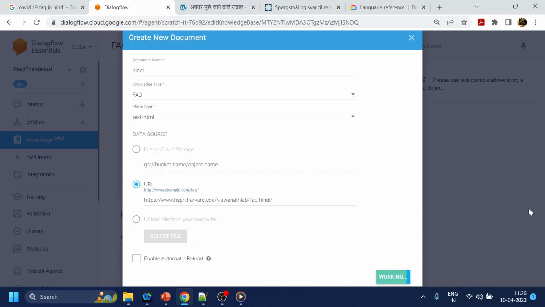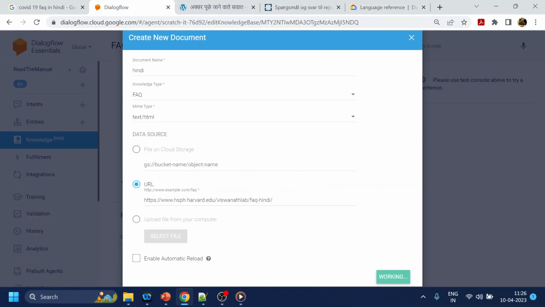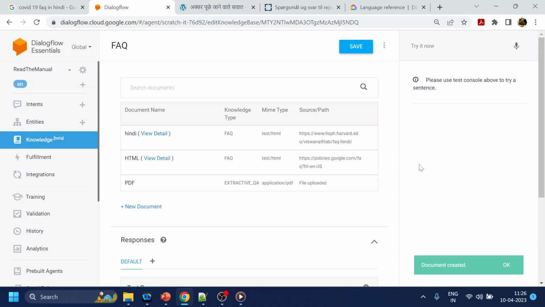So what we are trying to see is whether the knowledge connector, which does not list Hindi as a preferred or supported language per the document, supports the FAQ if it is in Hindi. It will create a knowledge base, and we will see if it supports it or not.